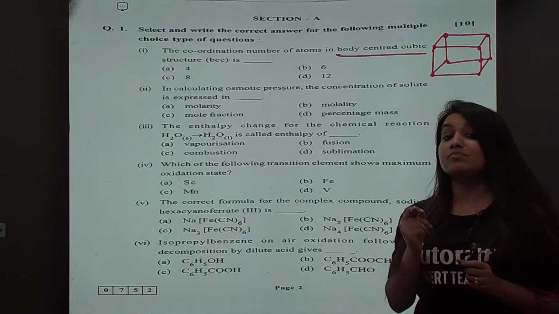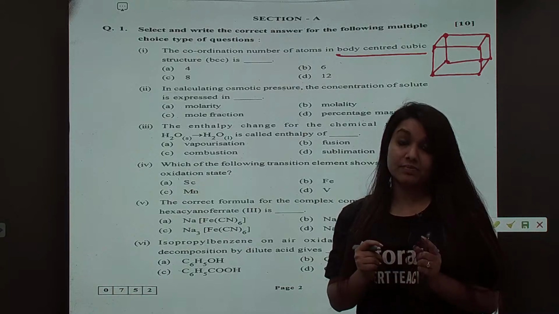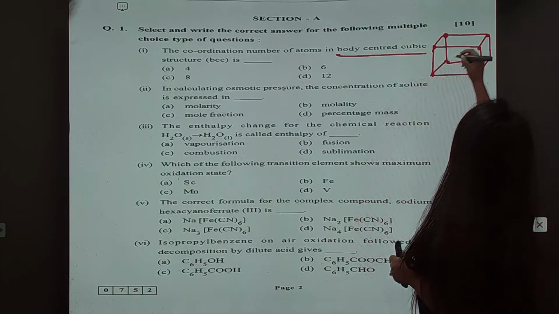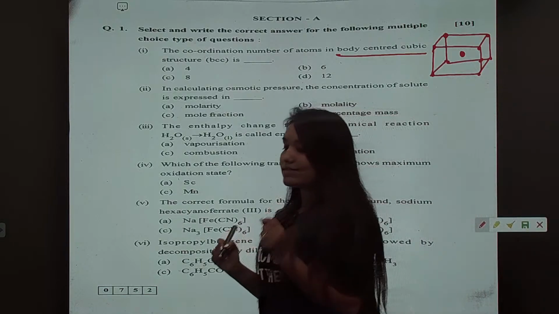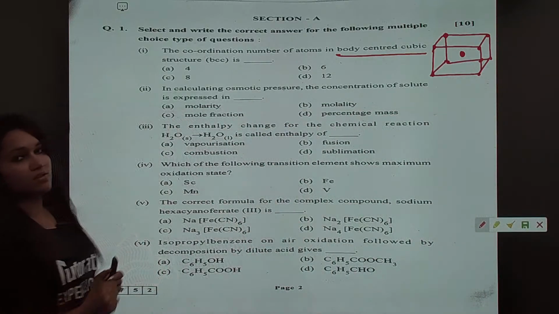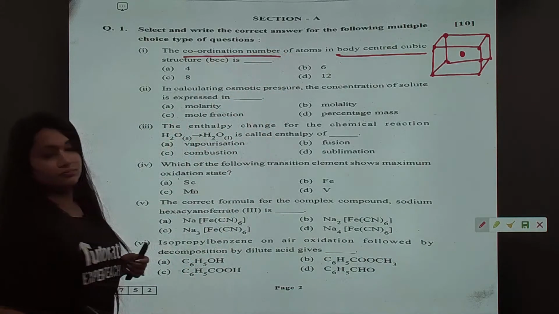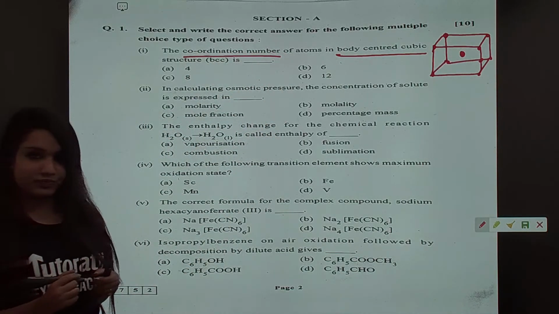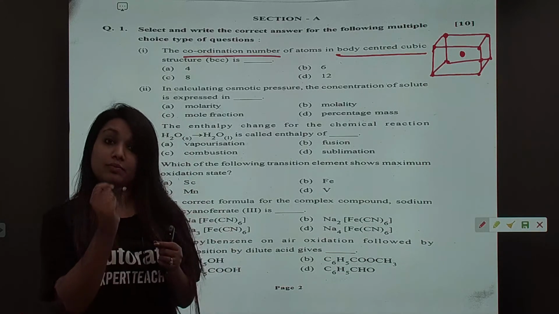Now, the name is BCC, body centered, which means one atom is present within the body. So, one atom is present right over here within the body of the cell, and this is called the BCC structure. Now, the question is coordination number. What is coordination number? Coordination number is the number of atoms surrounding a particular atom.